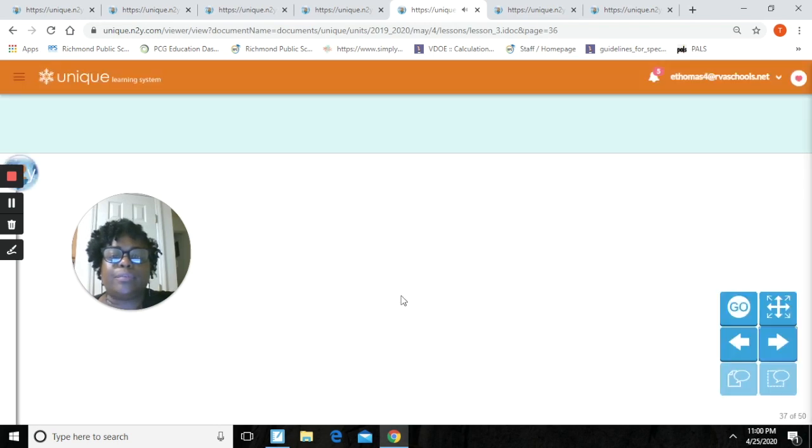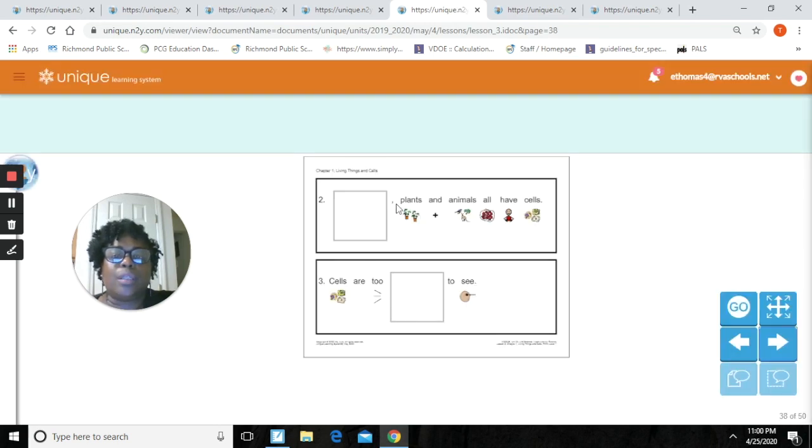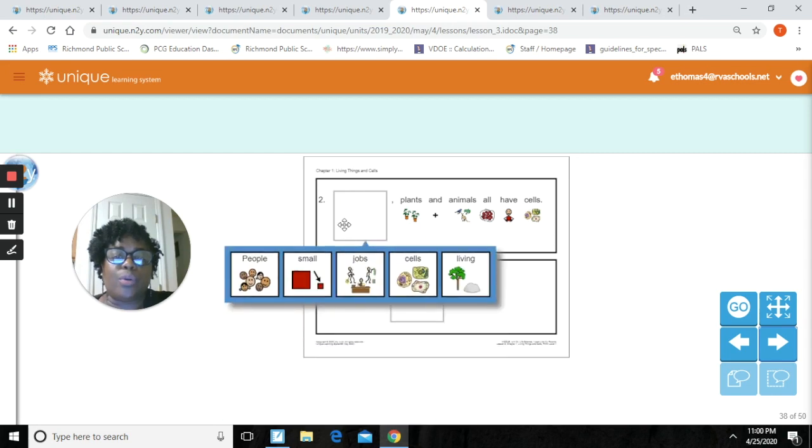All right. Blank, plants, and animals all have cells. So now we have to determine what word is going to go on this blank, and we have to make sure that the word makes sense, okay? So is it going to be people, small, jobs, cells, or living? What word is going to go on the blank? Has to make sense.